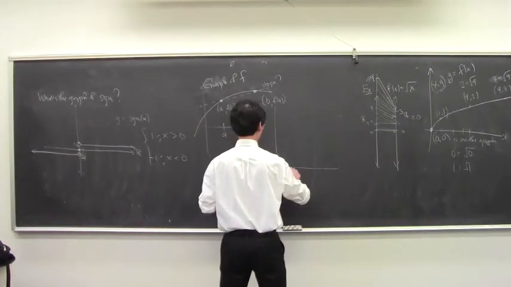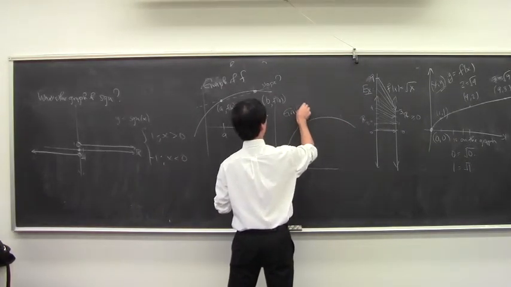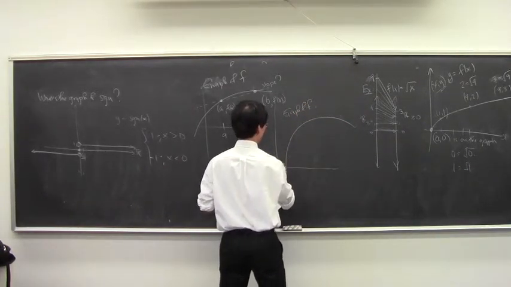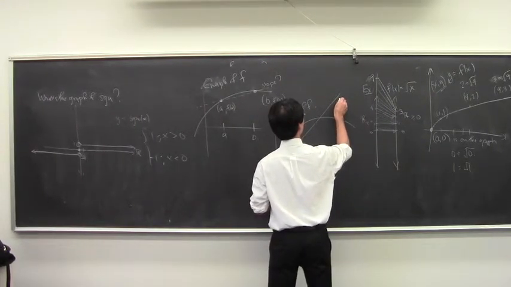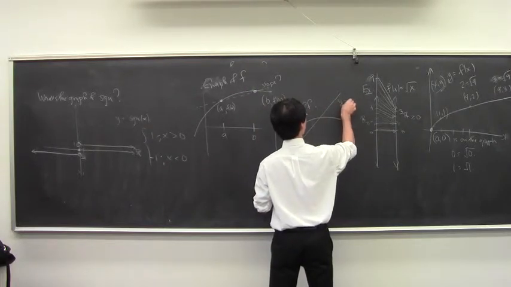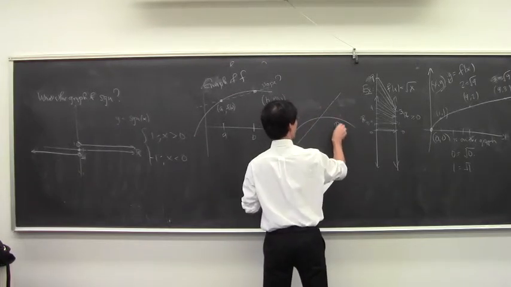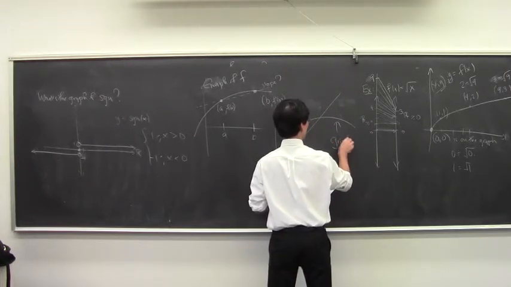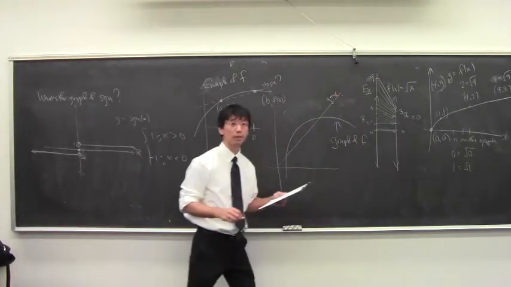Here is the graph of f again. And here is the line. Here's the graph of f of x equals x. So here's the graph y equals x. This thing here is the graph of f, and this is the line y equals x.